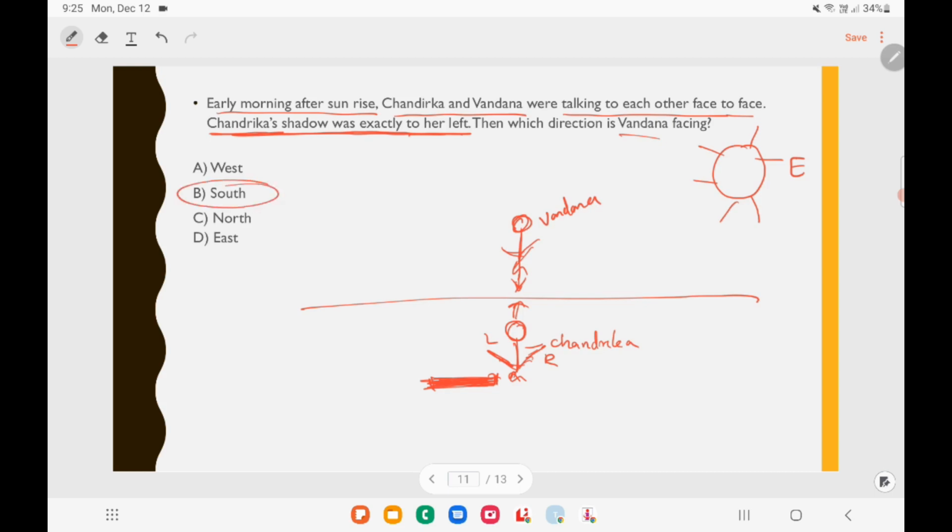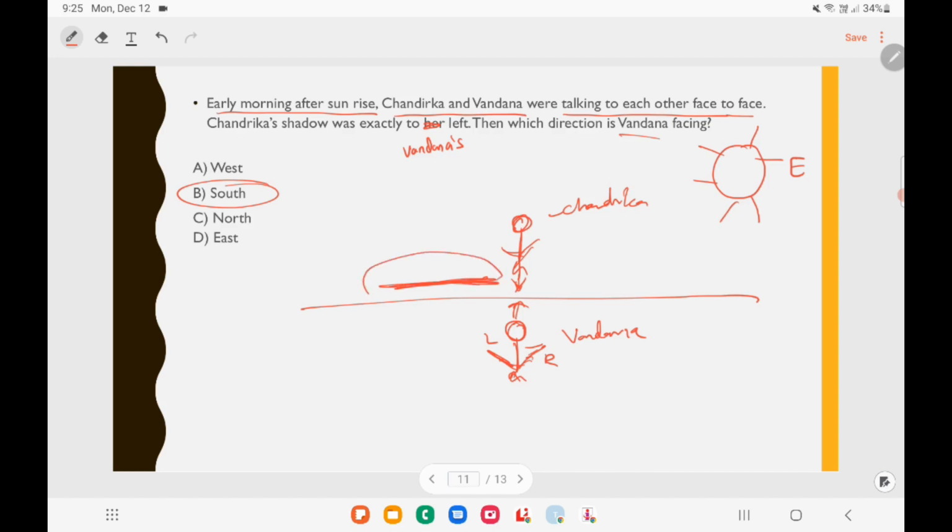Okay, and one thing that you need to note here is that if the question was like Chandrika's shadow was exactly to Vandana's left, I am modifying the question like this, then in that case, this will be Vandana, because Chandrika's shadow will be here.